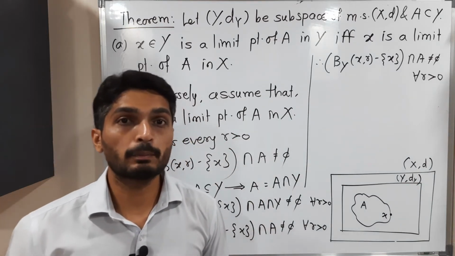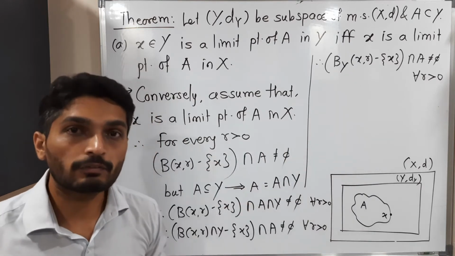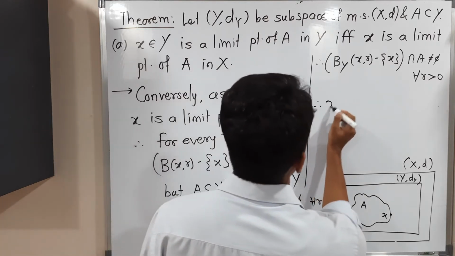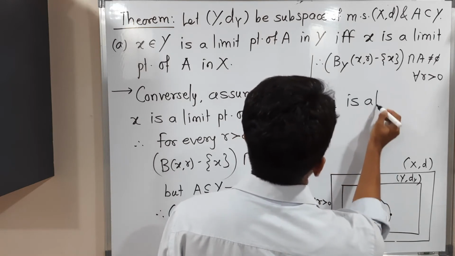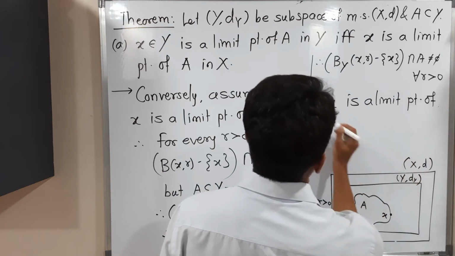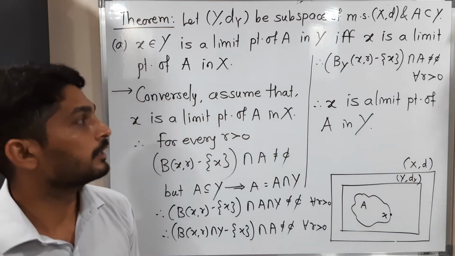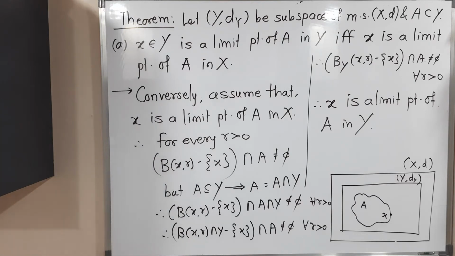Therefore, x is a limit point of A, but this ball is in Y, so x is a limit point of A in Y. In this way we proved this statement. After that we will go for the second part of this theorem.